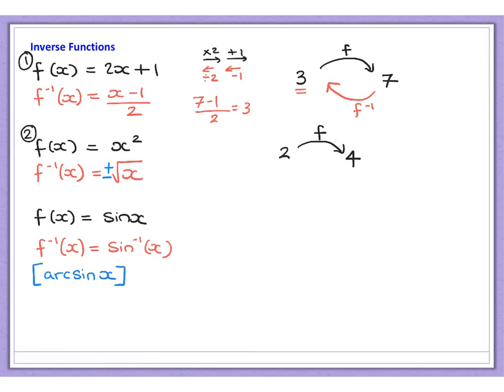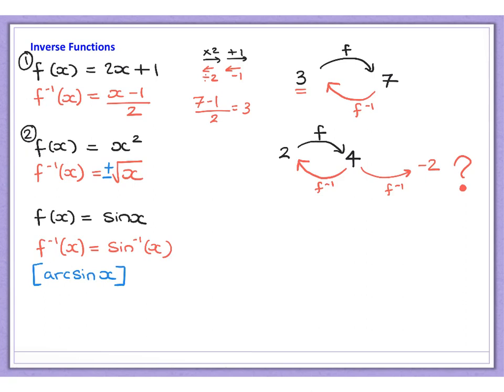But if I then apply the inverse function, yes, I could get back to a value of 2, but I could also get back to a value of negative 2. So this raises the question, which value would the inverse function find? If I'm very specific and just define the positive root, then it would be 2. But if I say plus or minus root x, we create quite a problematic ambiguity here.